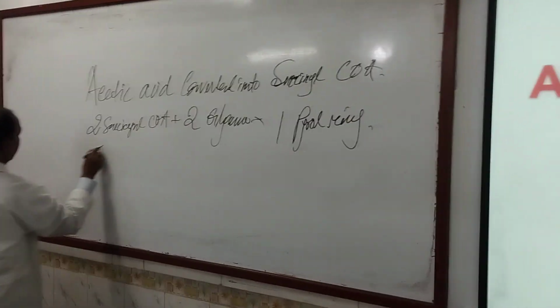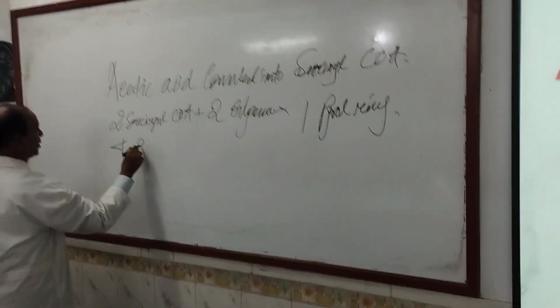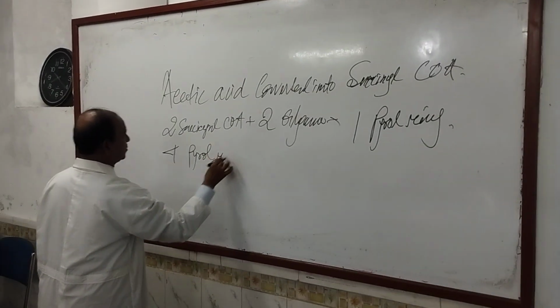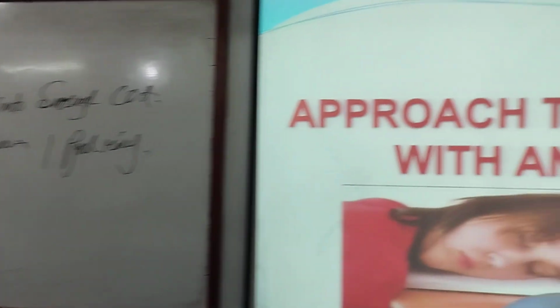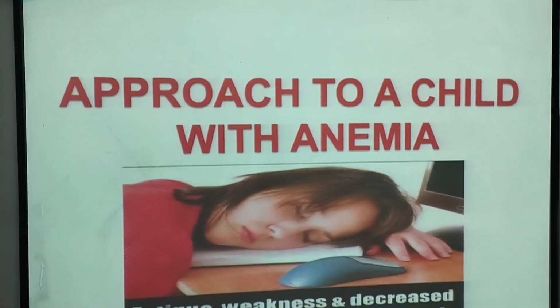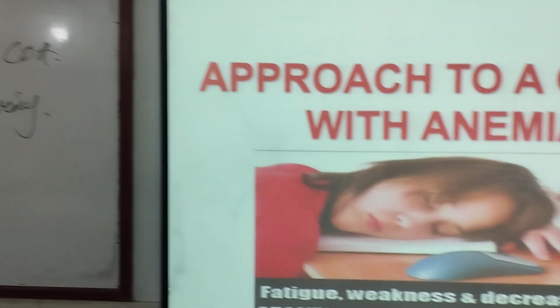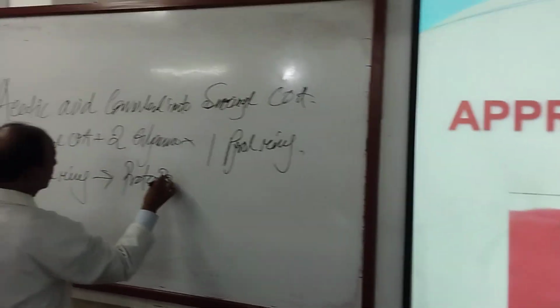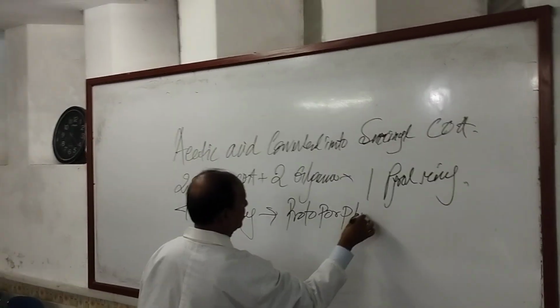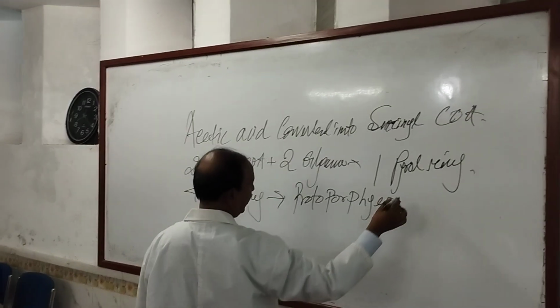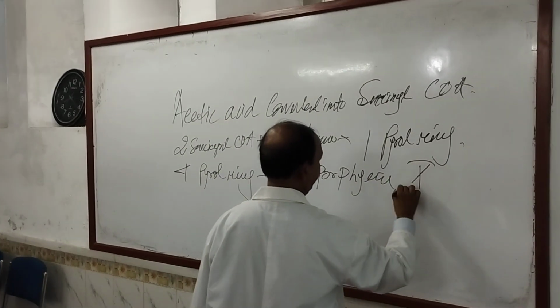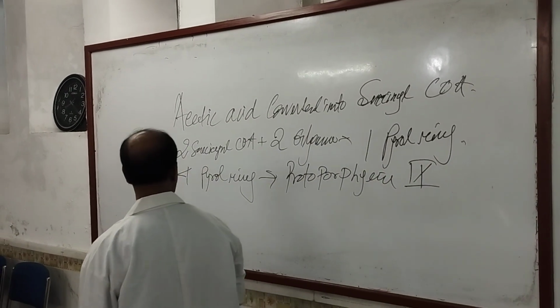Then 4 pyrrole rings constitute protoporphyrin 9.